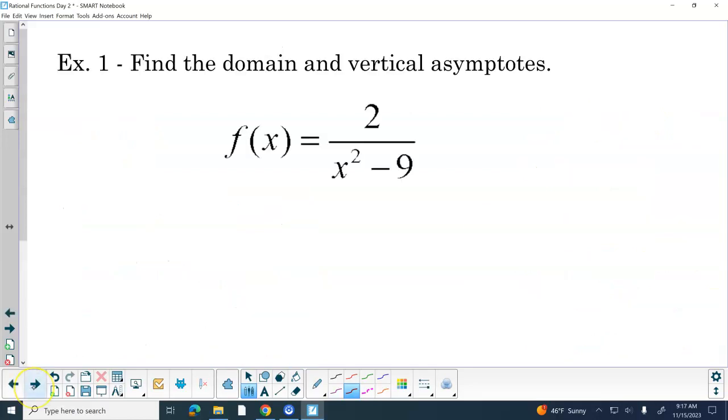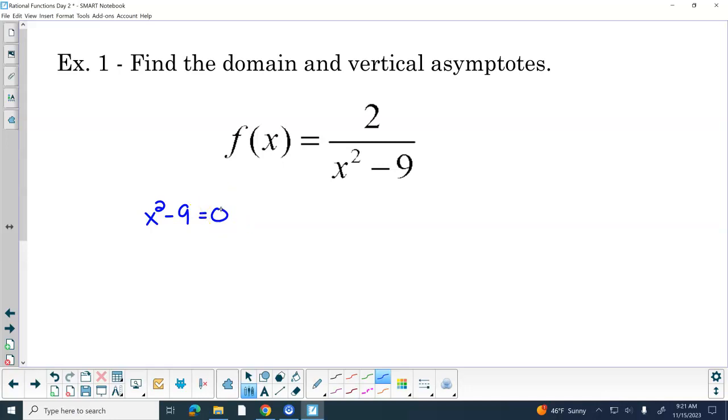All right, let's do another one here now. Find me the domain and just the vertical asymptotes. You don't have to find me the end and the asymptote behavior, just the domain and the vertical asymptotes. So I need to put my denominator equal to 0. Now, I can solve this one of two different ways.